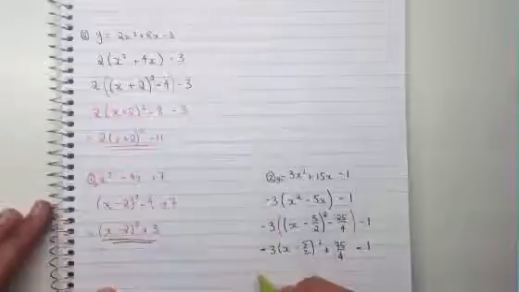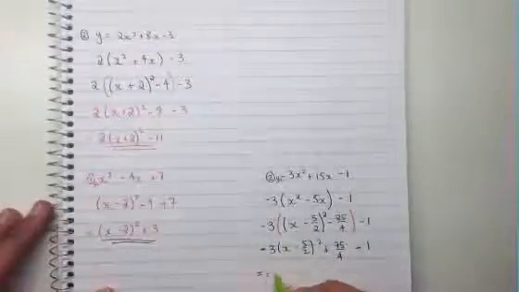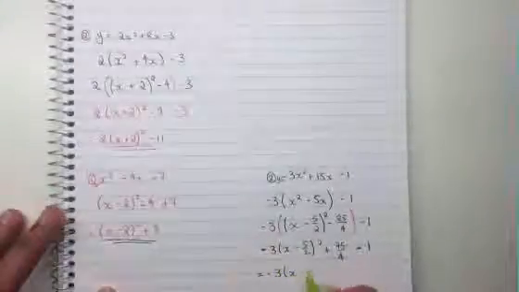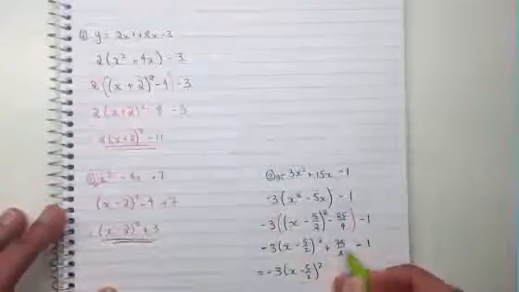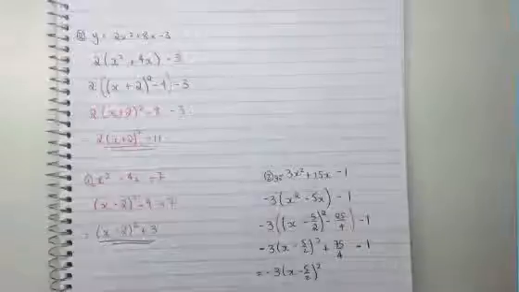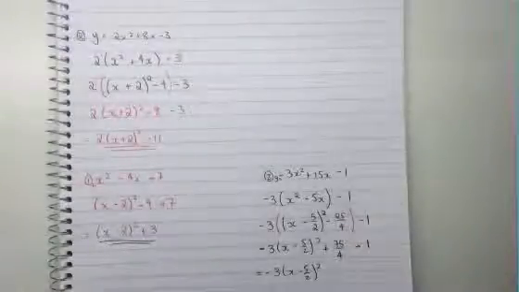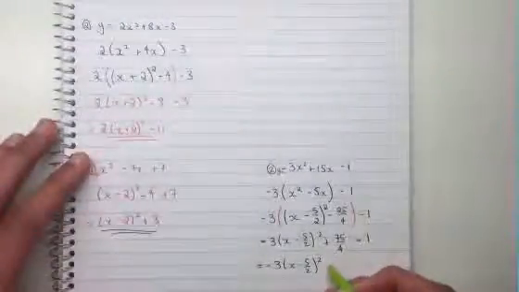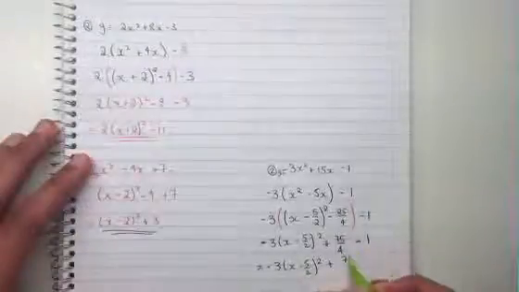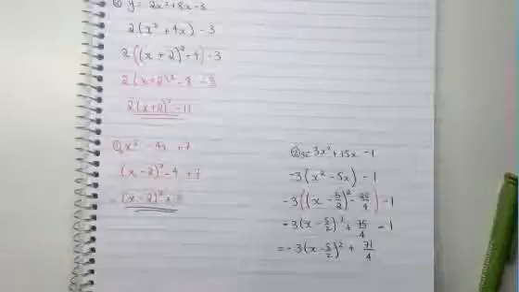And at the end we simplify it, so we get minus 3 times x minus 5 over 2 squared plus 75 over 4 minus 1, which is 75 over 4 minus 4 over 4, which equals plus 71 over 4.